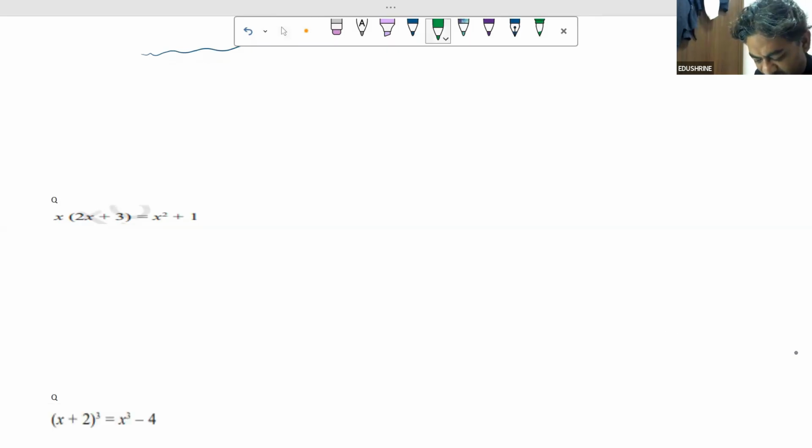x into 2x plus 3 equal to x square plus 1. How do I multiply it? I multiply it using the distributive method. So what is the distributive method? x into 2x plus x into 3 is equal to x square plus 1. Now what is x into 2x? It becomes 2x square. x into 3 is 3x, equal to x square plus 1.